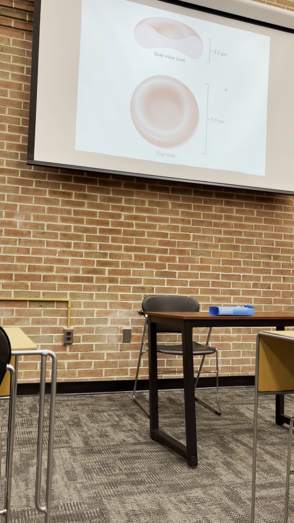And that's how it looks in diagrammatic form, like a donut, but not with a complete hole in the middle. And as you know, the actual diameter is about 5 to 7 micrometers across the cell.